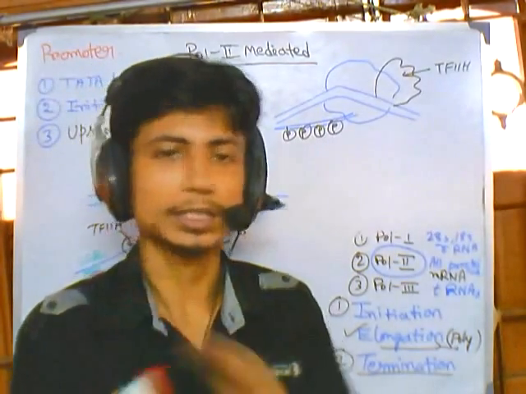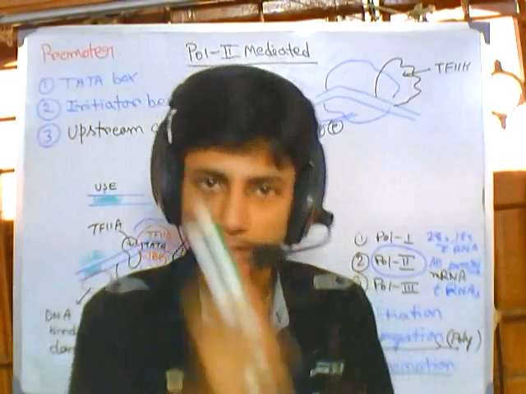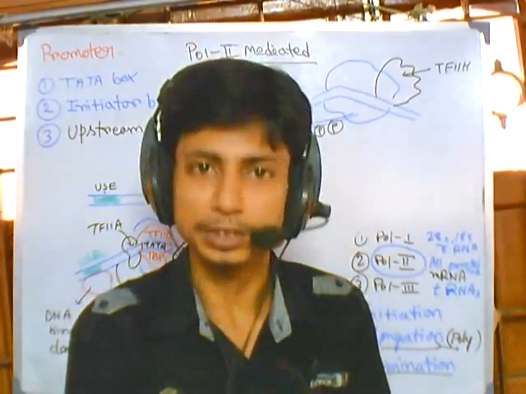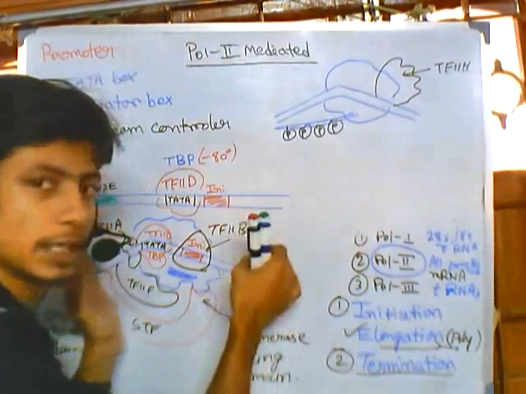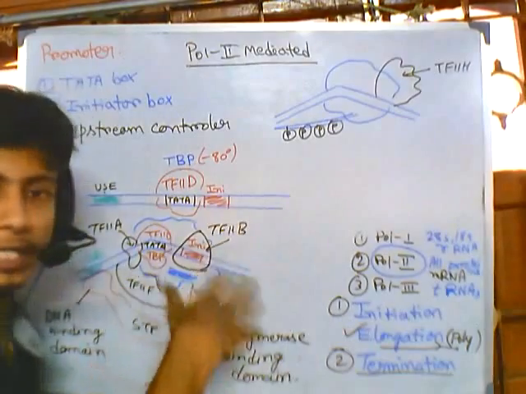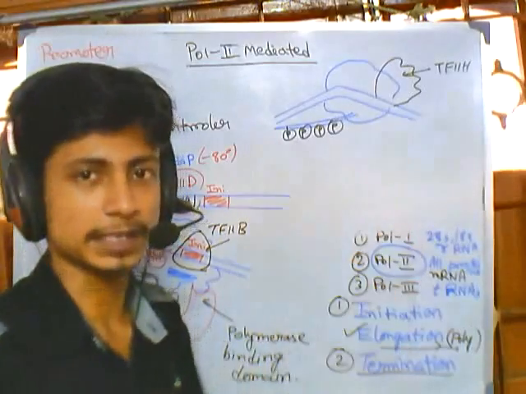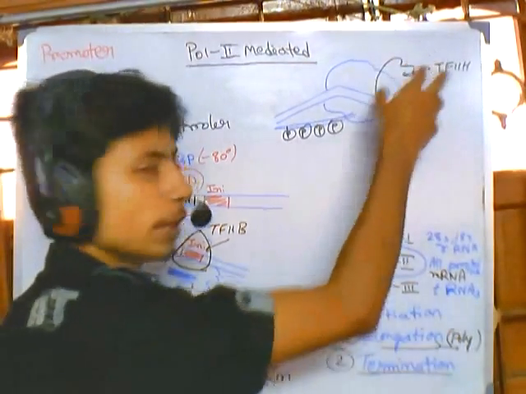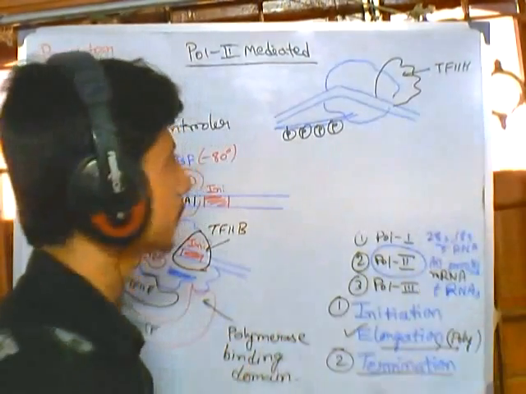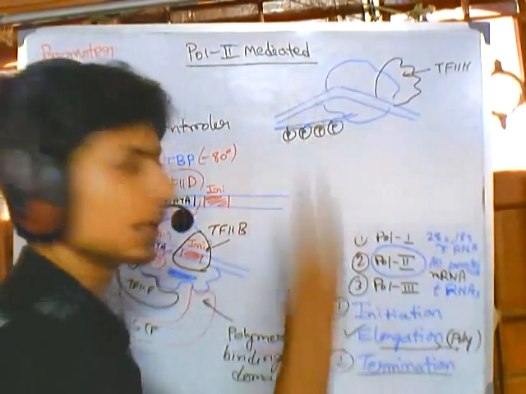In any transcription process, the first part is the recognition, then the start or initiation. The recognition process is done where we require a lot of different generalized transcription factors as well as some specialized transcription factors, but in this case we won't need those factors again. TFIIH itself can do this along with the RNA polymerase.